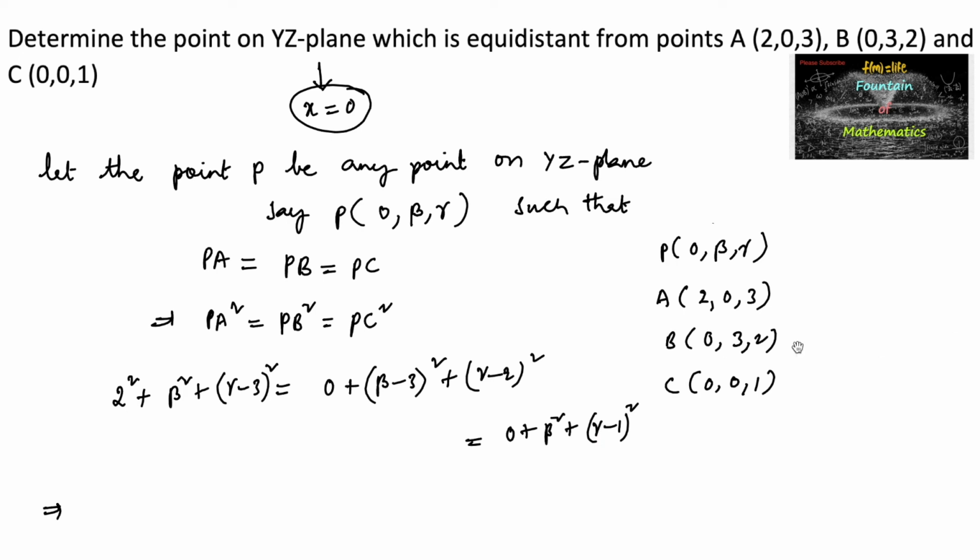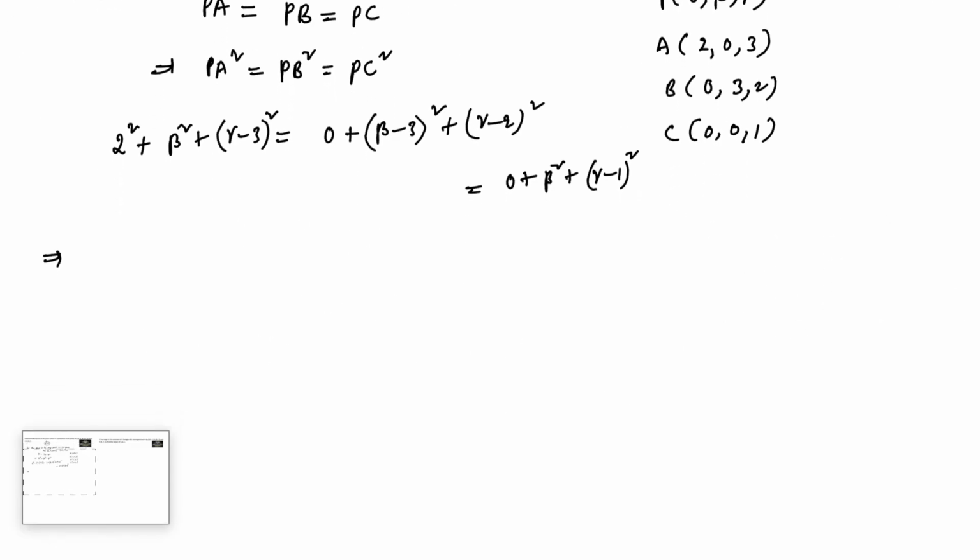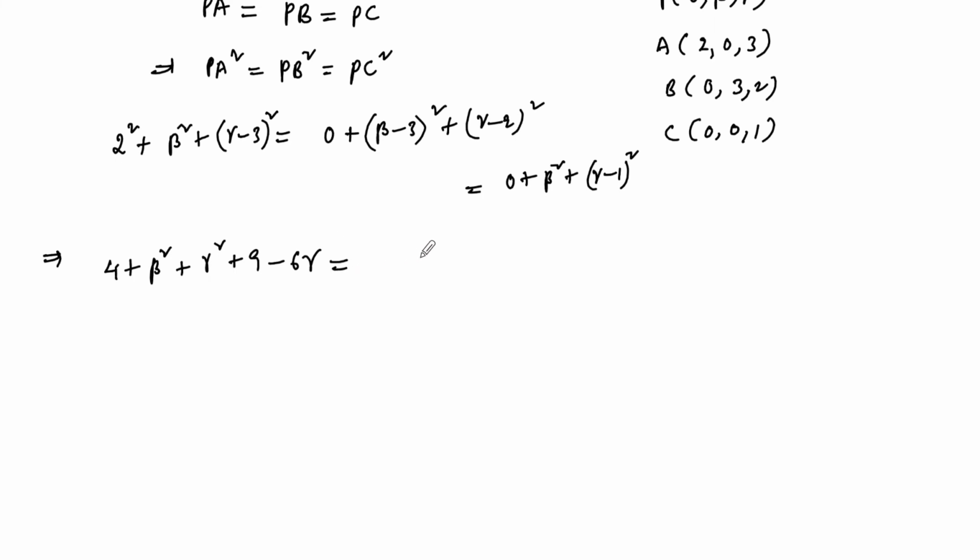So upon simplifying, we may get 4 plus beta square plus gamma square plus 9 minus 6 gamma, which is equal to beta square minus 6 beta plus 9 plus gamma square plus 4 minus 4 gamma, which is equal to beta square plus gamma square minus 2 gamma plus 1.